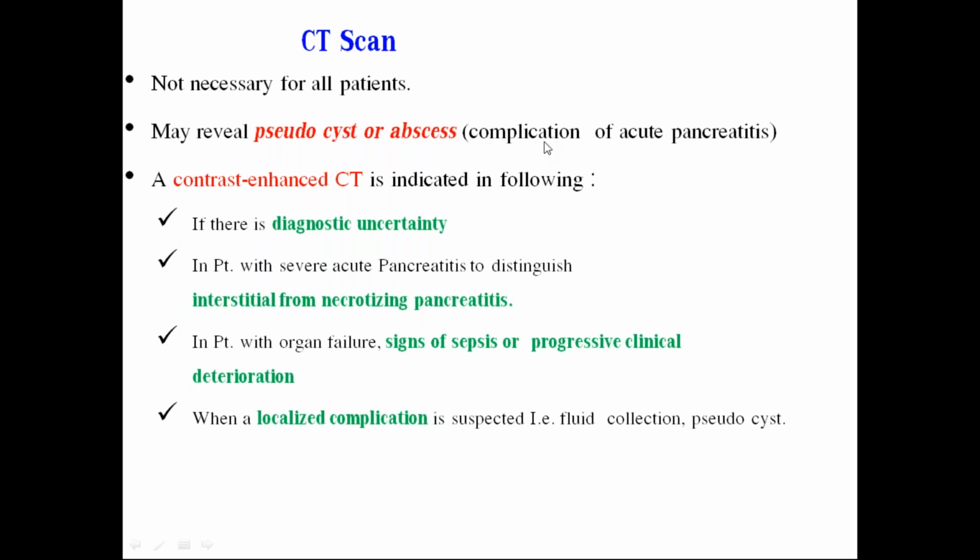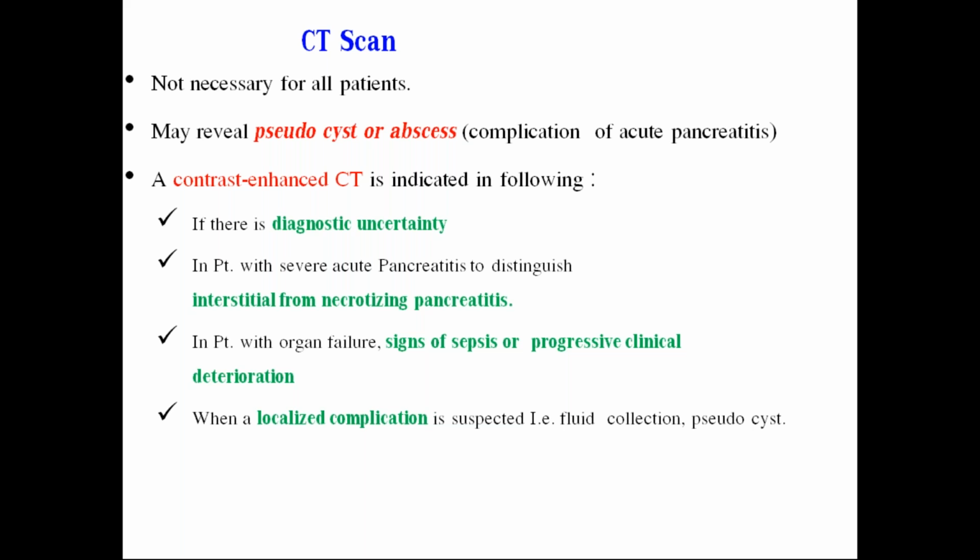Contrast enhanced CT scan is the gold standard for diagnosing pancreatitis, and it should be taken roughly after 72 hours. In early cases, in patients who present early to the emergency department, the CT scan is of minimal use. For the findings to be well appreciated, it takes about 72 hours.